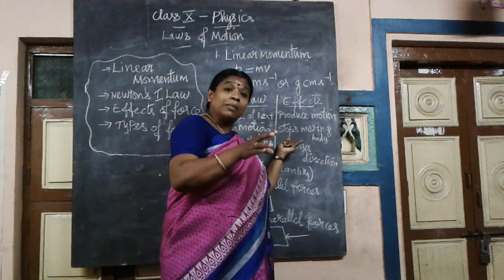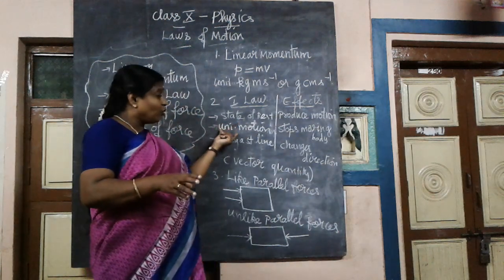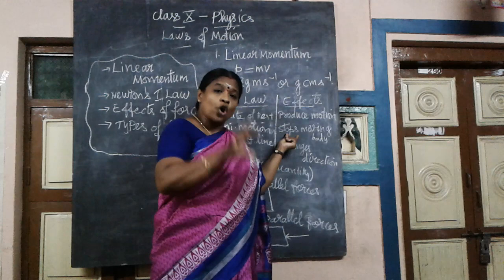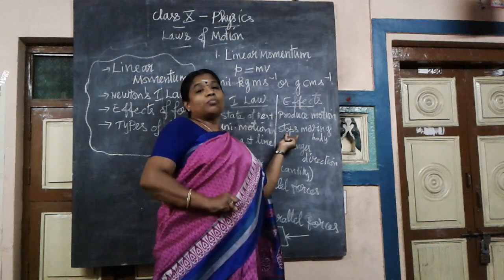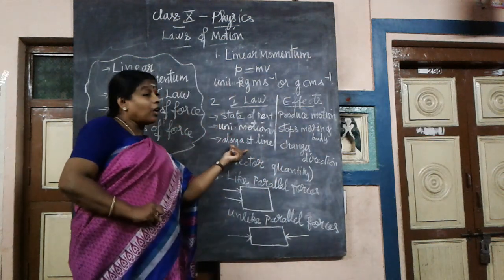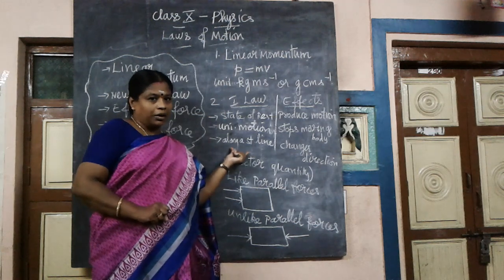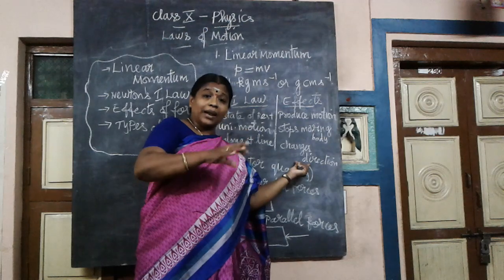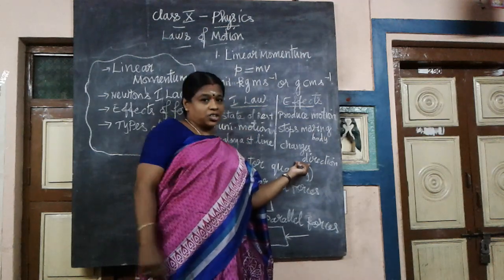So when a force is applied, what will happen? A body in uniform motion will be stopped. So a force can stop or try to stop the moving body along a straight line, I told in the statement, right? So what will be the effect? When a force is applied, the straight line direction can be changed.